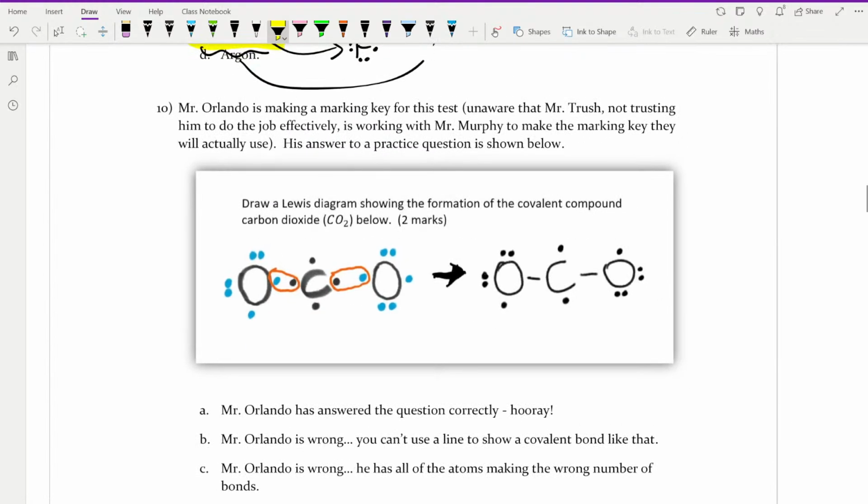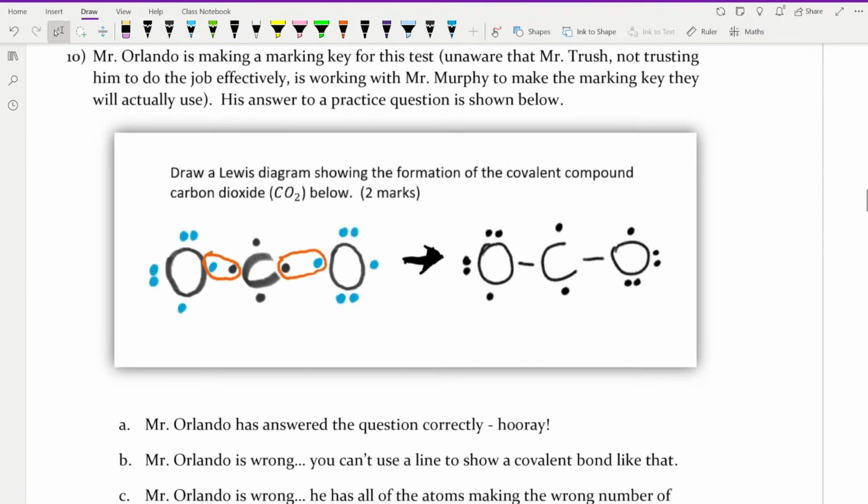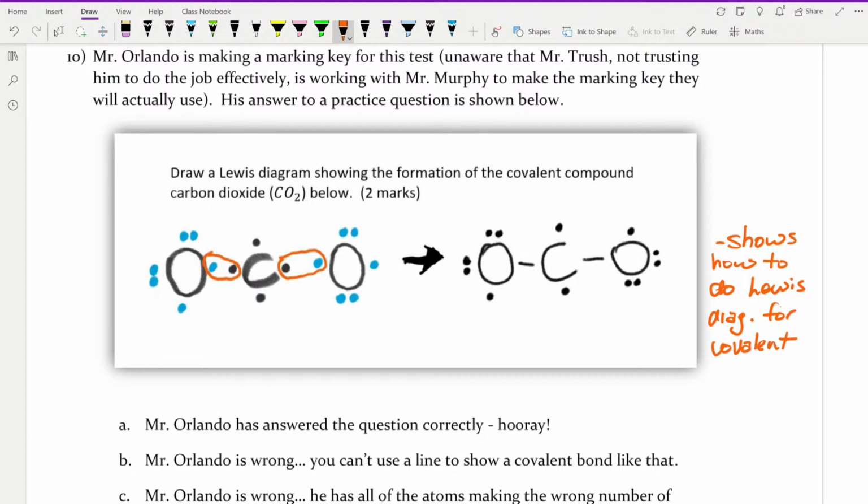Here we go. And I have done a covalent compound showing that. Just a reminder, it shows how to do Lewis structures for covalent compounds.